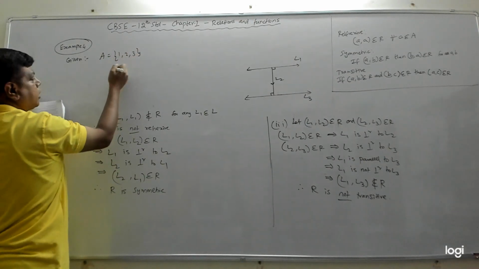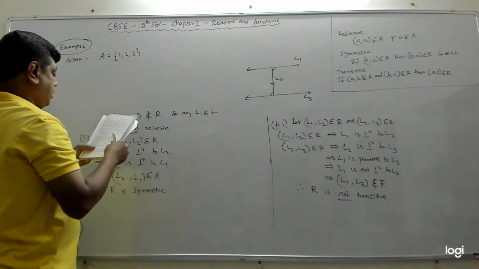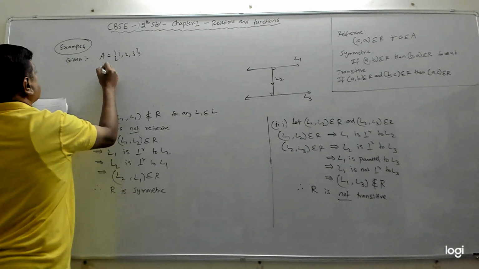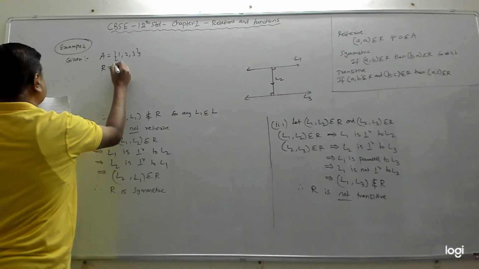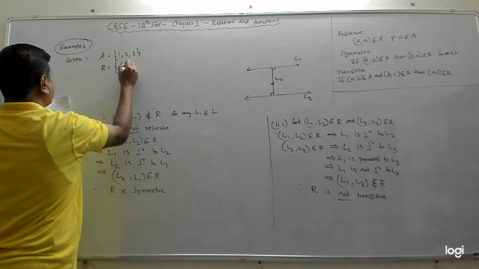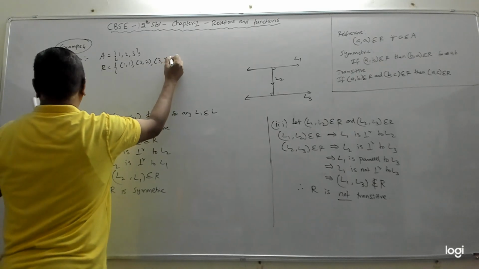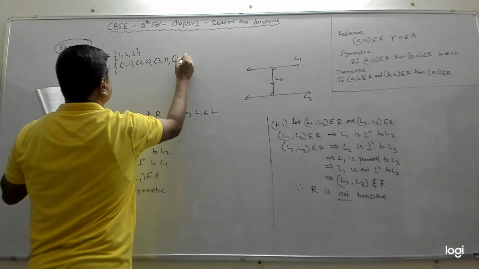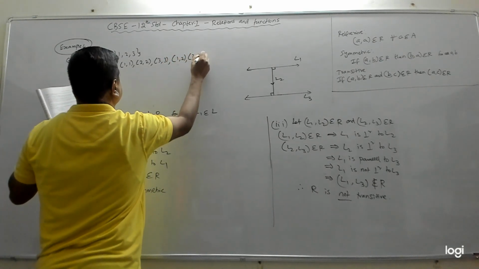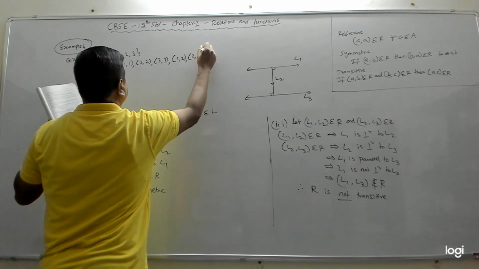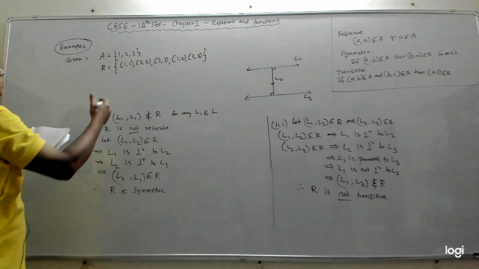The set name is not given, but I am taking it as A. And R is a relation defined on that: R = {(1,1), (2,2), (3,3), (1,2), (2,3)}. It's a relation, a subset of A cross A.